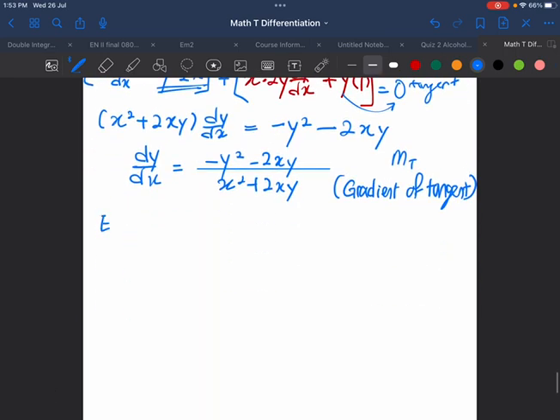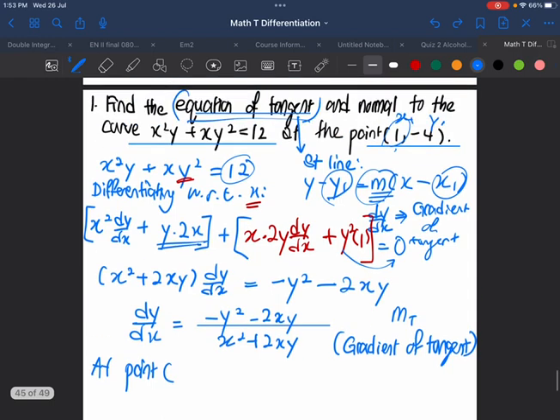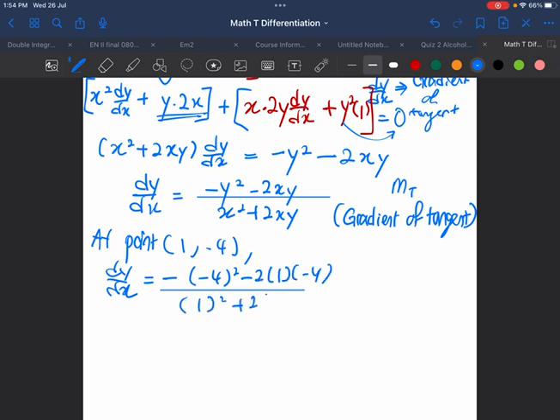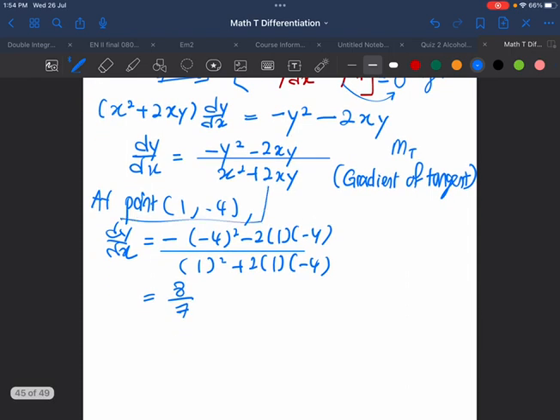So for the equation of tangent, at the point 1, negative 4, you can calculate dy/dx equals negative 4 squared minus 2 times 1 times negative 4, over 1 squared plus 2 times 1 times negative 4, and you should get the answer 8/7. So here is the gradient of tangent at the point 1, negative 4.